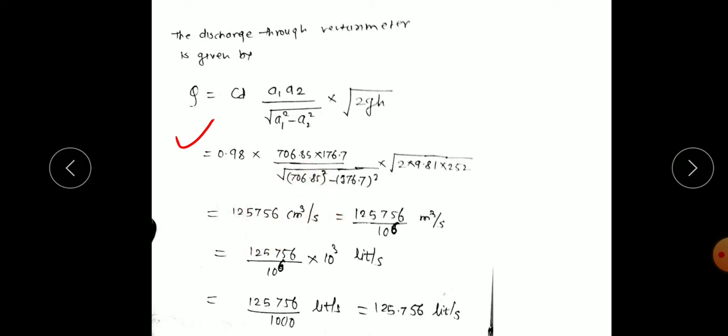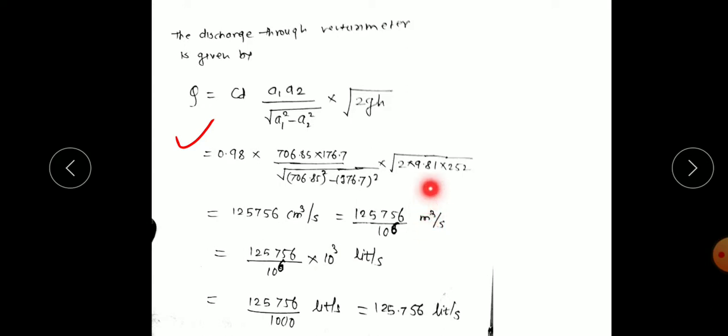To convert centimeter cube to meter cube, 1 centimeter cube is equal to 10 raised to minus 6 meter cube. So we know 1 meter cube per second is equal to 10 raised to 3 liter per second. In 1 meter cube, 10 raised to 3 liter will be there.